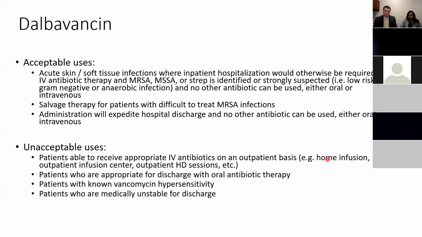We don't want to go through this too much. We just want to include it here so you have a reference for acceptable and unacceptable uses and how we look at it. Broadly, it has gram-positive coverage and not gram-negative. I think this type of drug has an area where we should be taking advantage of.